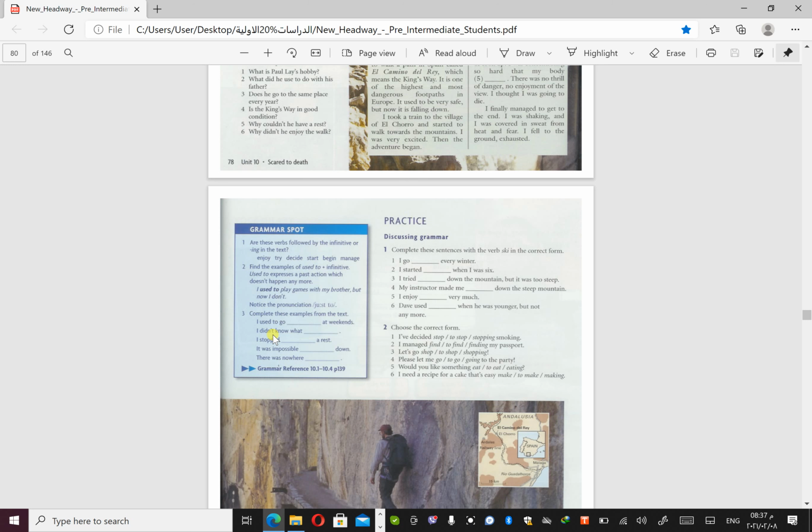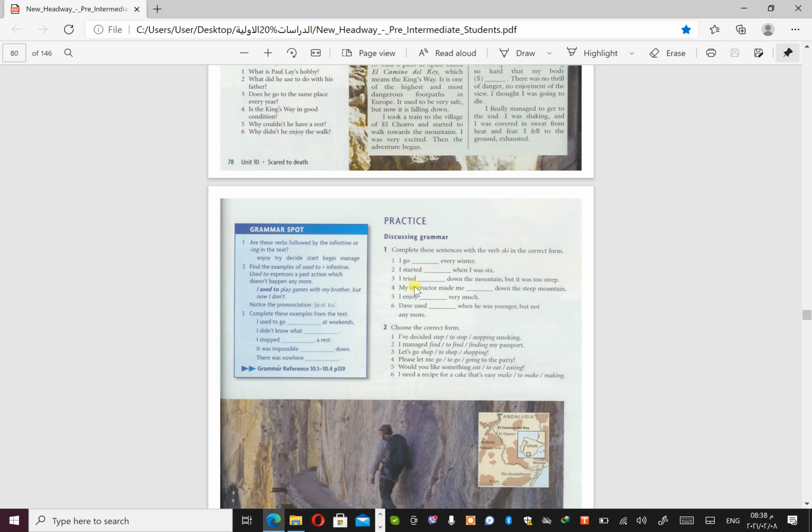Also we have stop, okay? Stop smoking, stop talking. Stop takes verb plus -ing. Well, we have decide, which is also to plus base verb. Enjoy takes verb plus -ing, while start takes to plus base verb.